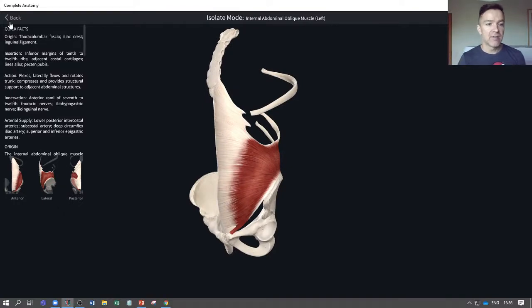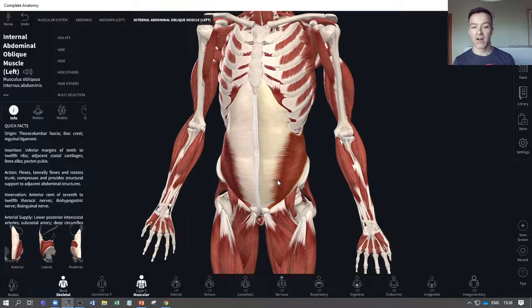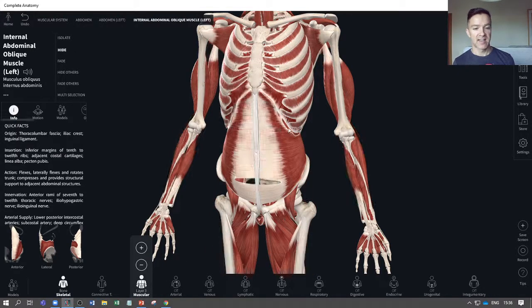The internal obliques compress and provide structural support to the abdomen, as do all of your abdominal muscles. They are involved in trunk flexion, rotation and lateral flexion. That's the same set of movements that our transverse abdominis is involved in.